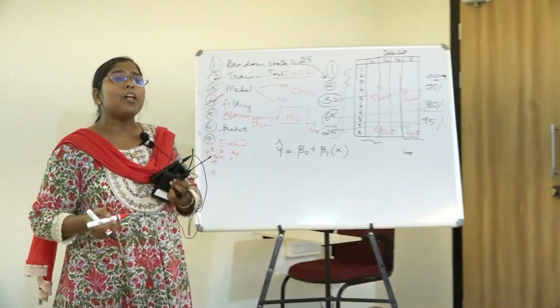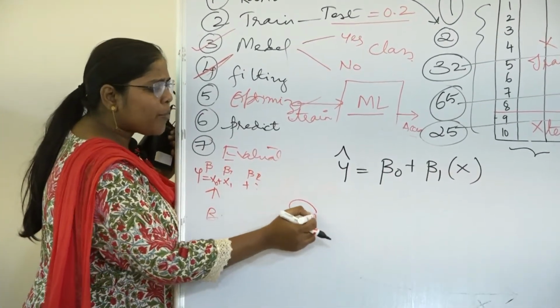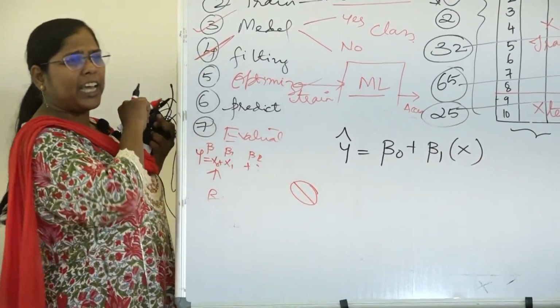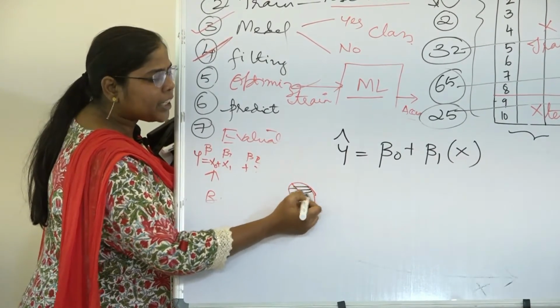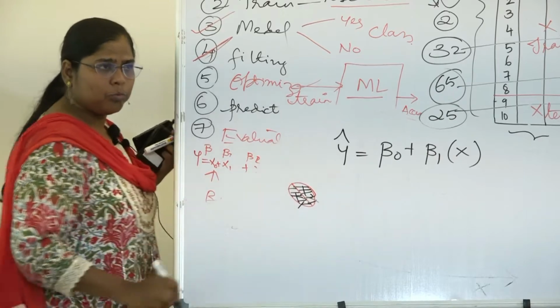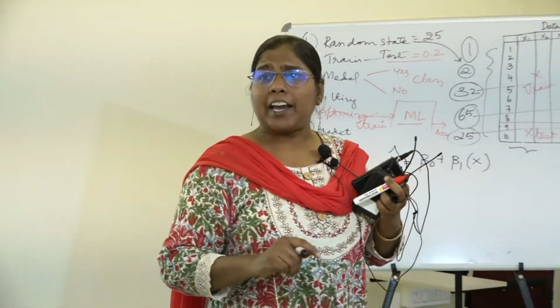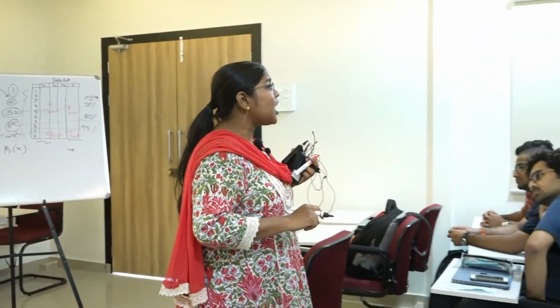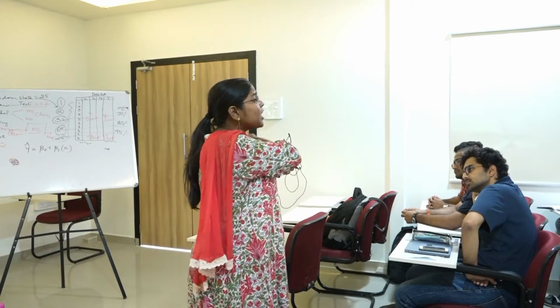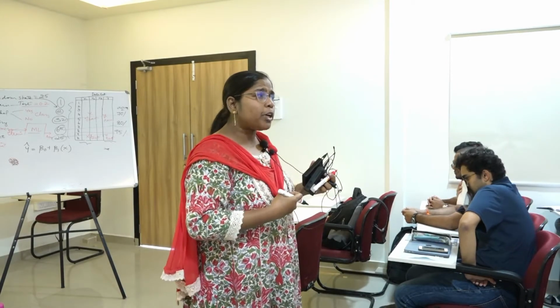When we talk about multiple features, whatever the combination of attributes is there, it is the combination of x1 and the combination of x2. Means you are fitting the line where? Are we fitting the line in 2D for multiple features?